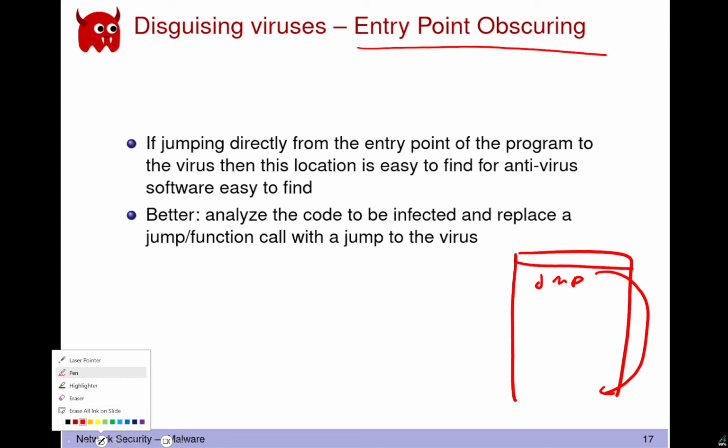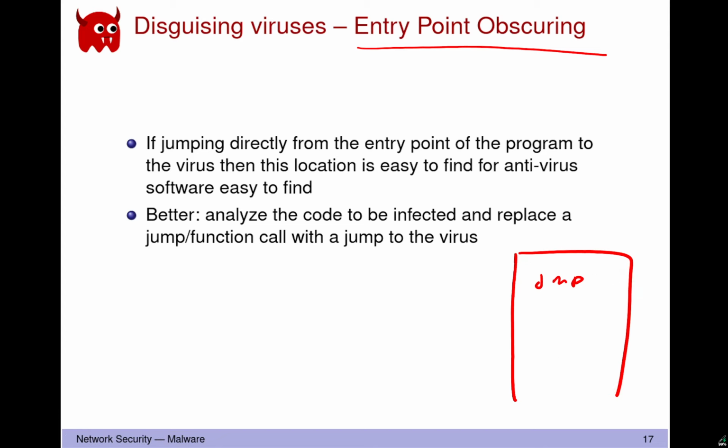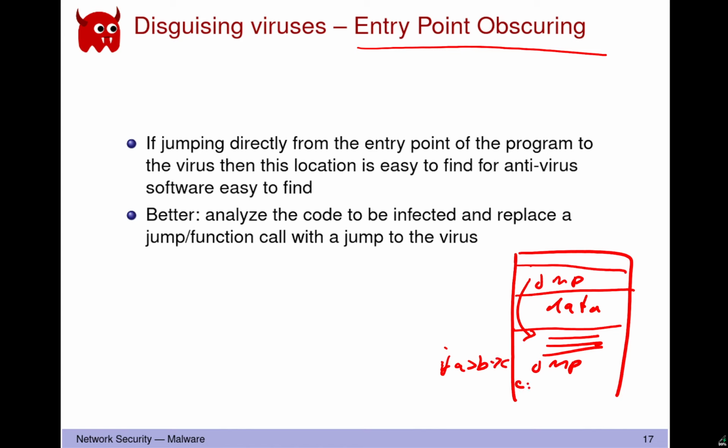But let's say we have a regular file: here's the prefix, then we have the data, and we jump into the code of the regular COM file. Here are some instructions, and here's another jump, like a comparison: if A larger than B, then go to C, and C is here. What you could do is take the first jump or the fifth jump or the 17th jump and jump to the code of your virus. And once your virus finishes, then you jump to C, the regular one.